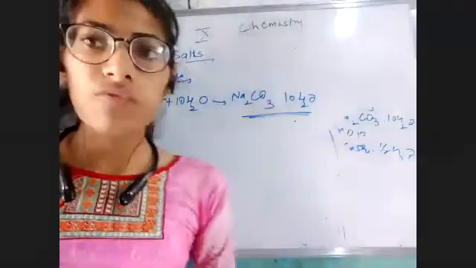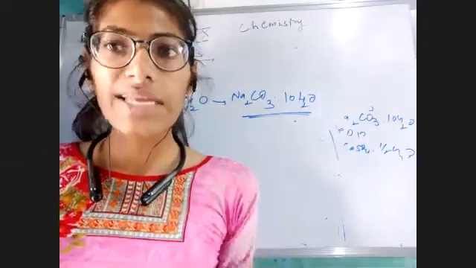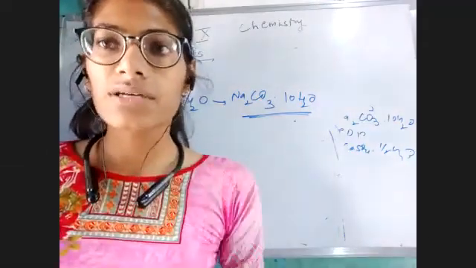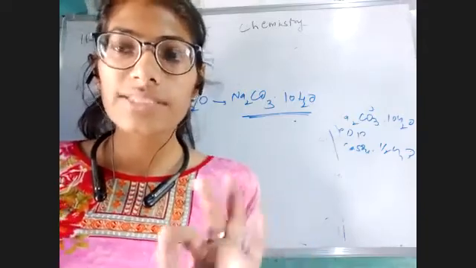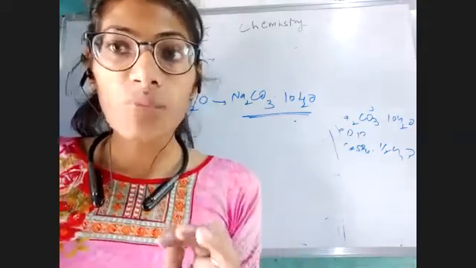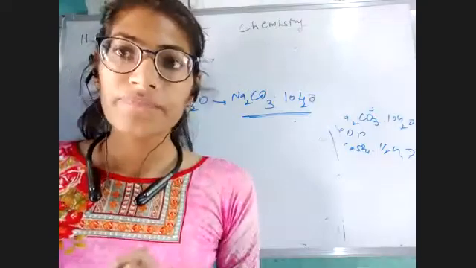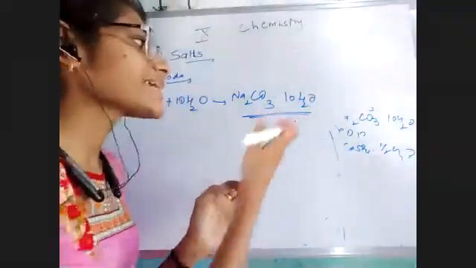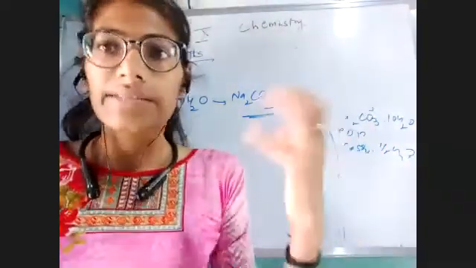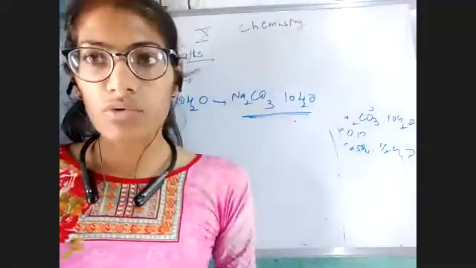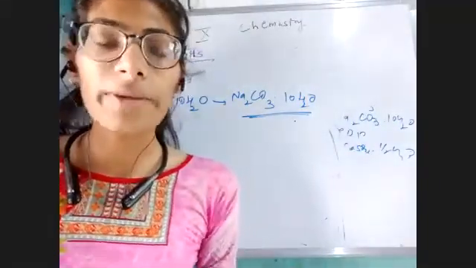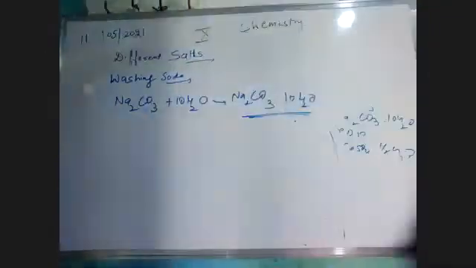Because it has 10 moles of water, does it seem wet, as if it has some moisture in it when we pick it up? No, this is not so. Why have we taken these 10 moles of water? We will see this in another topic, but now let me explain some uses of washing soda.